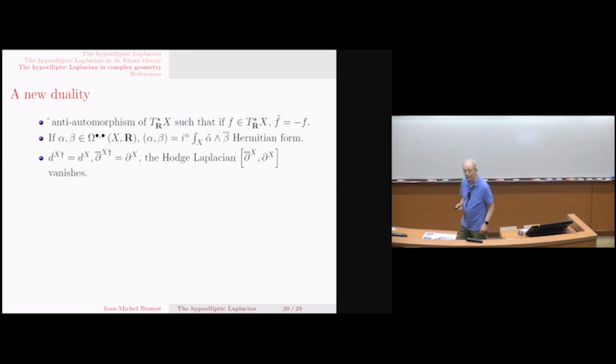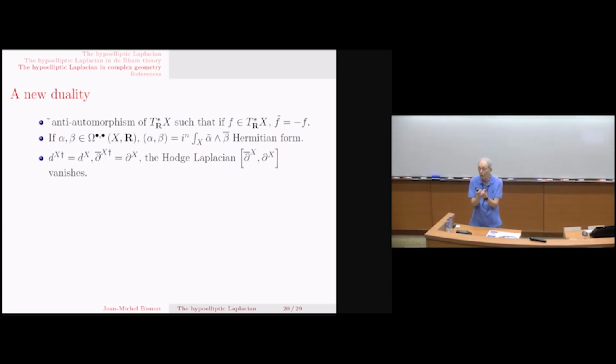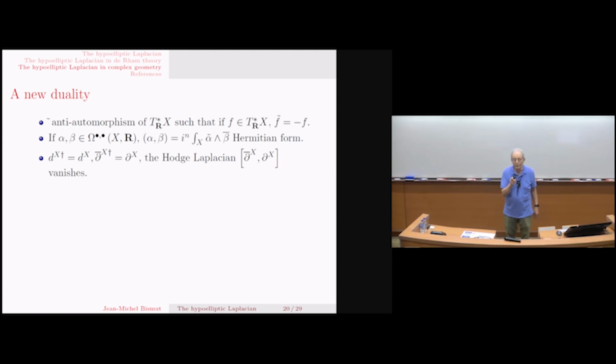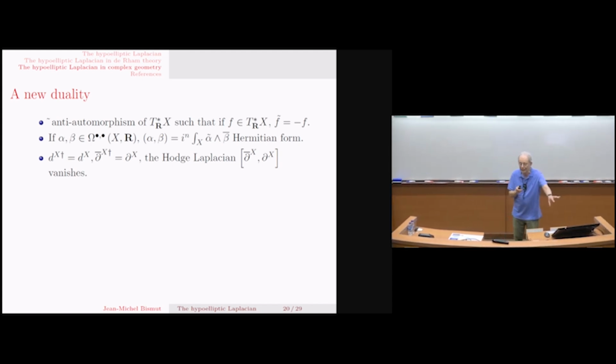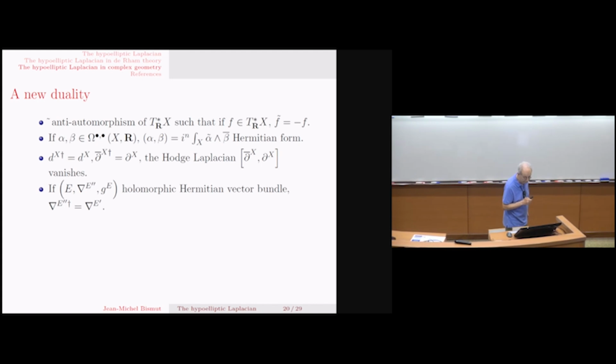And what you find ultimately is that the Dolbeault Laplacian, d bar anti-commuted with its adjoint, is d bar anti-commuted with d, which is 0. Again, we have gone too far in the hypoelliptic direction. But let's proceed along this line.